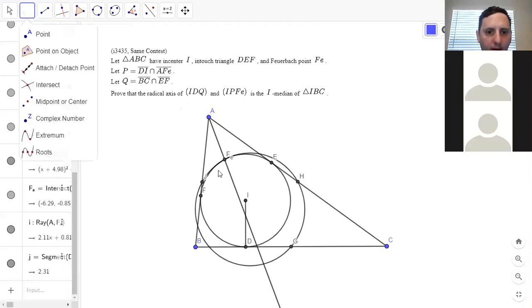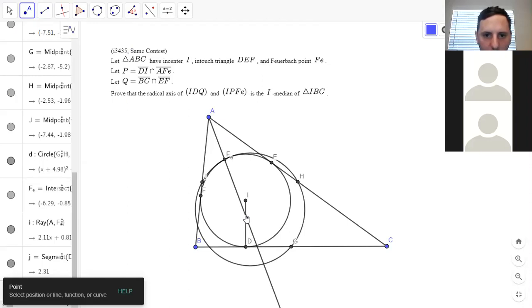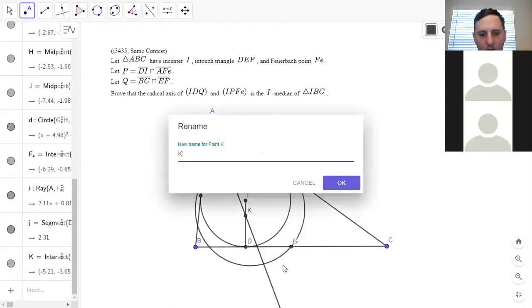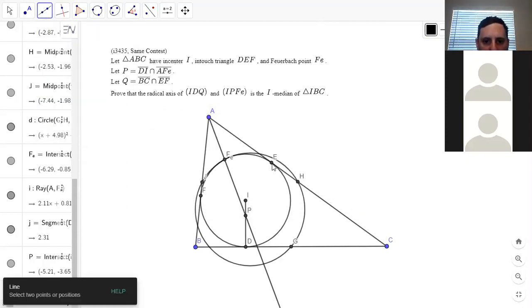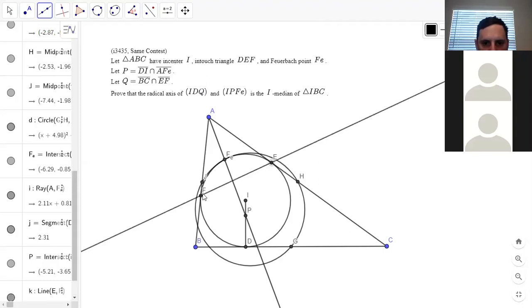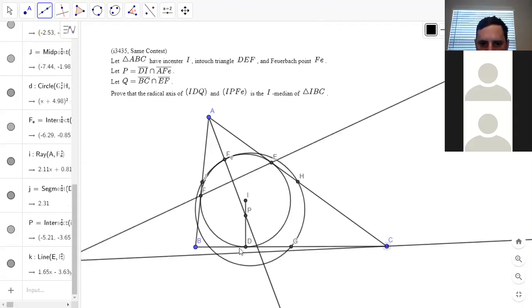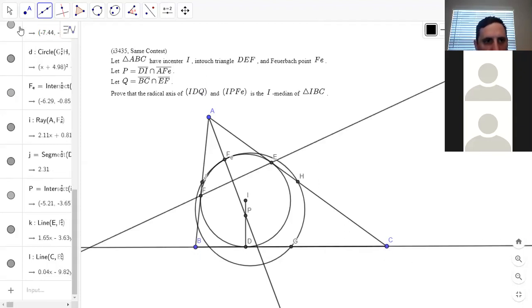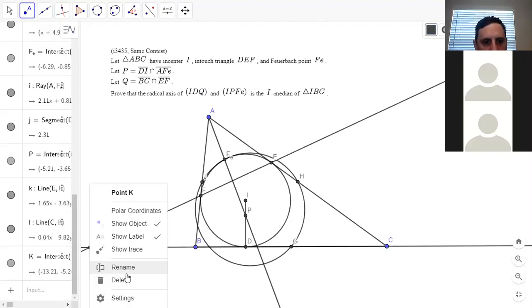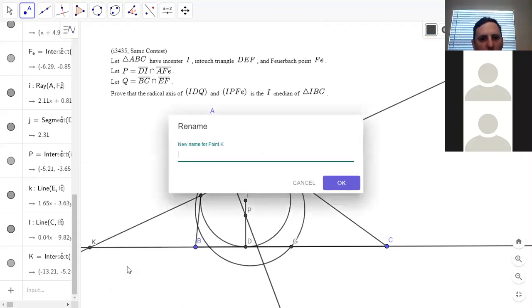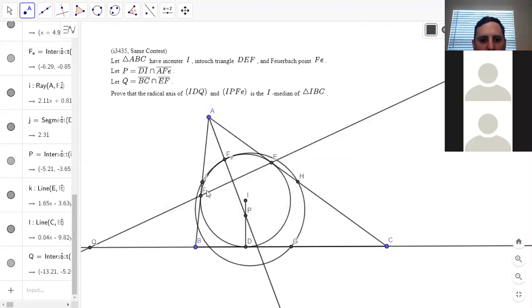So that's P, and then we have BC intersect EF, which is the same point as last problem. So this is Q, and we want to show the radical axis of IDQ and IPEF is the I median.